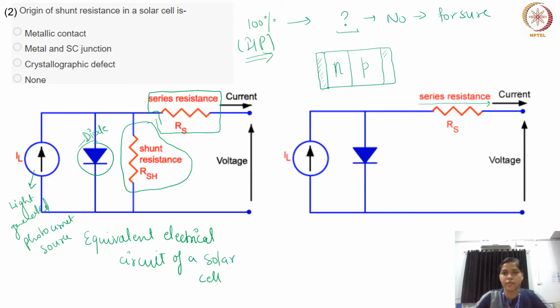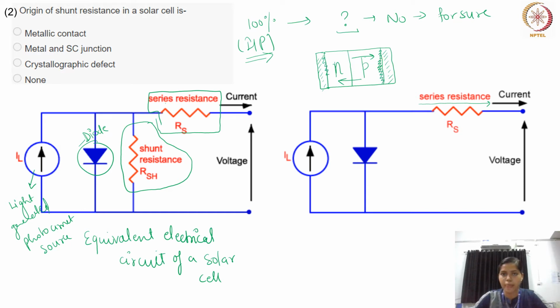Once the charge carriers start moving to their respective electrodes, whether on the left hand side or the right hand side, there will be some resistance offered at the interfaces.